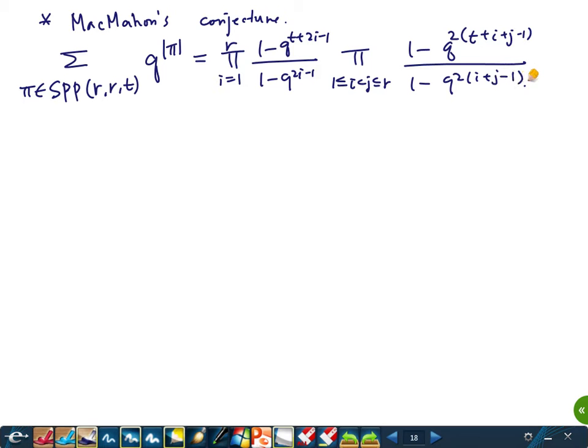Okay. We need two lemmas to prove this. Lemma 1. First, we need to write this in terms of Schur functions, but there is a way to do that.